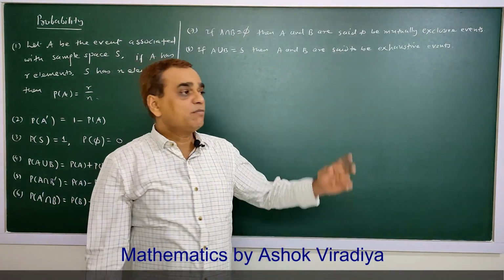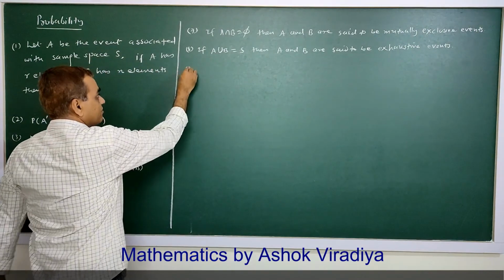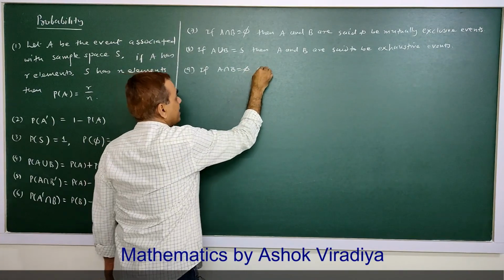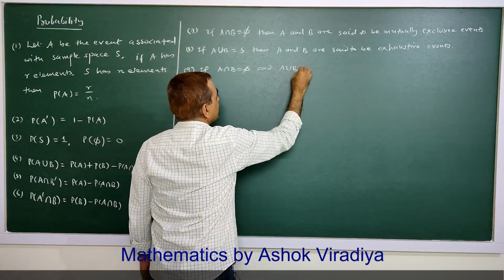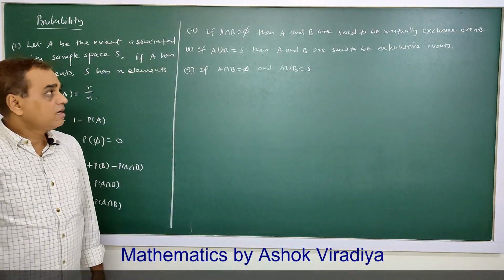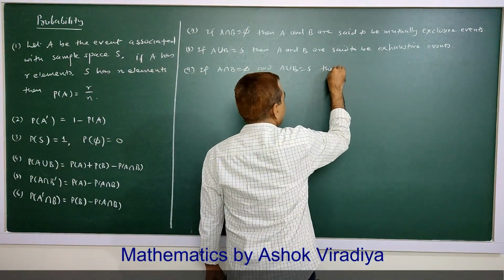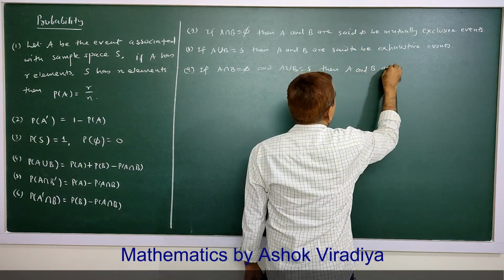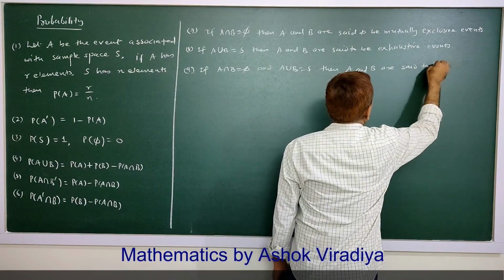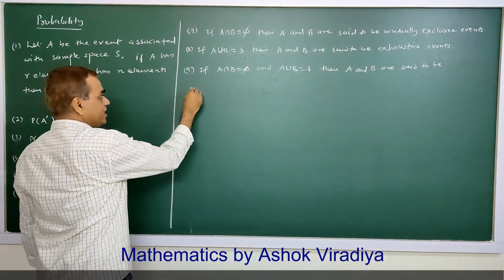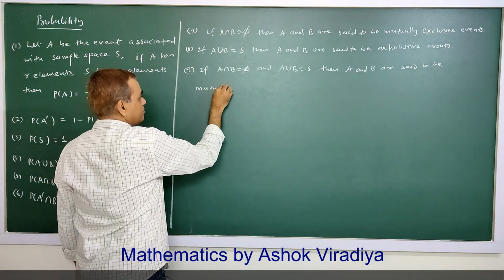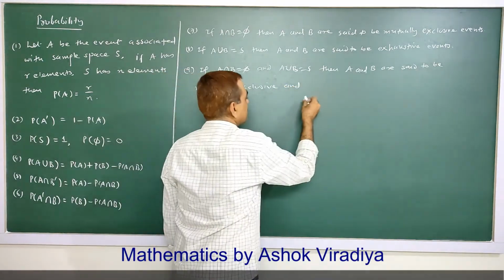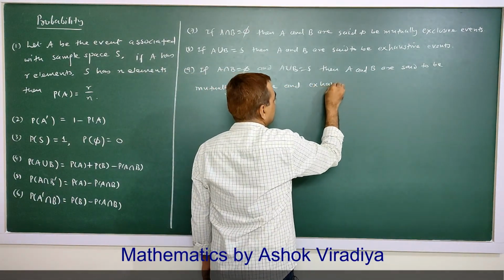And if satisfying both properties, if A intersection B is empty and A union B is S, then A and B are said to be mutually exclusive and exhaustive events.